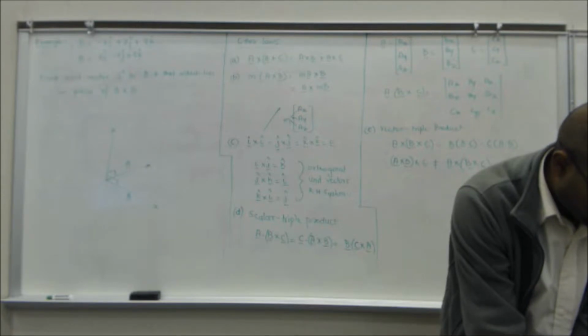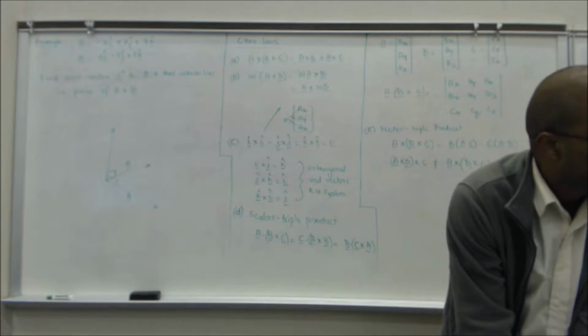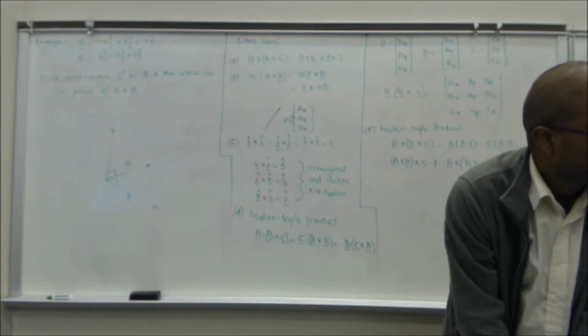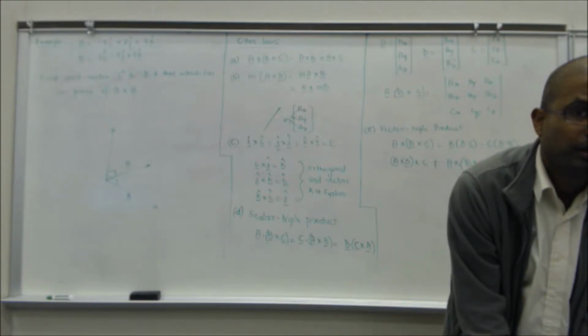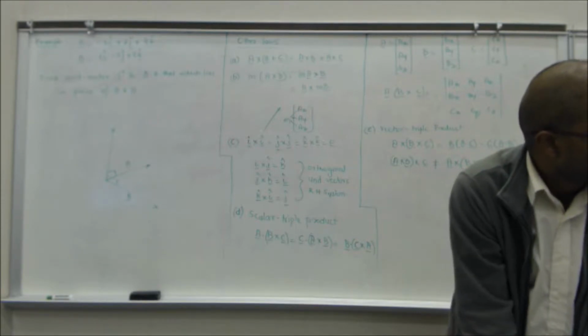And if you take a cross product of these, you're going to get this, right? This is perpendicular to A and B. If you take the cross product of these two, what happens?